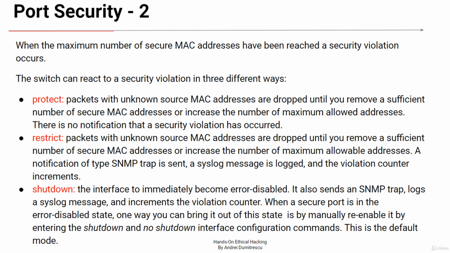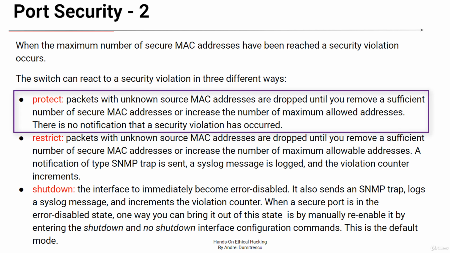Perfect. When the maximum number of secure MAC addresses have been reached, a security violation occurs. The switch can react to a security violation in three different ways: protect, restrict, and shutdown. Let's see what protect means. When the number of secure MAC addresses reaches the limit allowed on the port, packets with unknown source addresses are dropped until you remove a sufficient number of secure MAC addresses or increase the number of maximum allowed addresses.